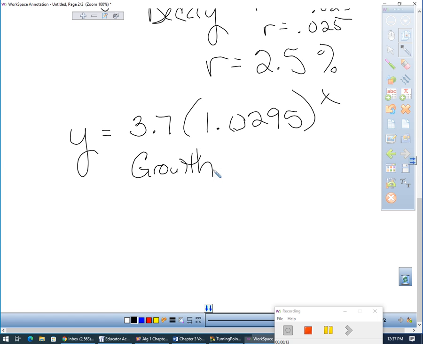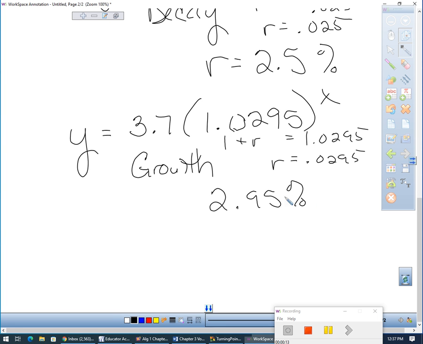And of course, growth is easier because we can see what's added on to 1, right? Because this actually represents 1 plus r. And so our r is actually 0.0295, but what is that as a percent? 2.95%. So the first couple of problems, that's all you have to do.